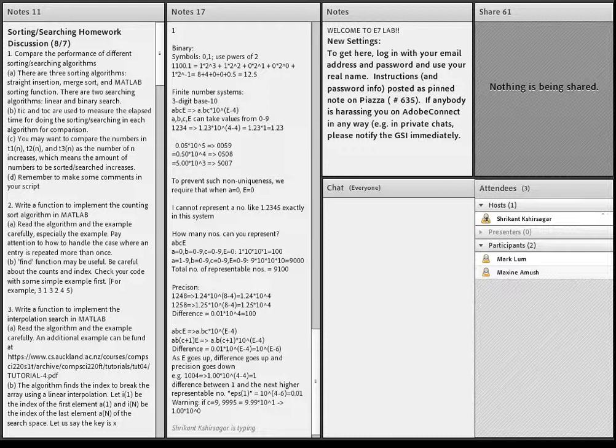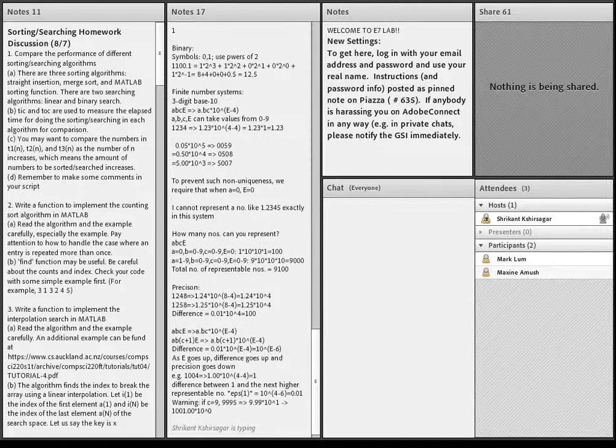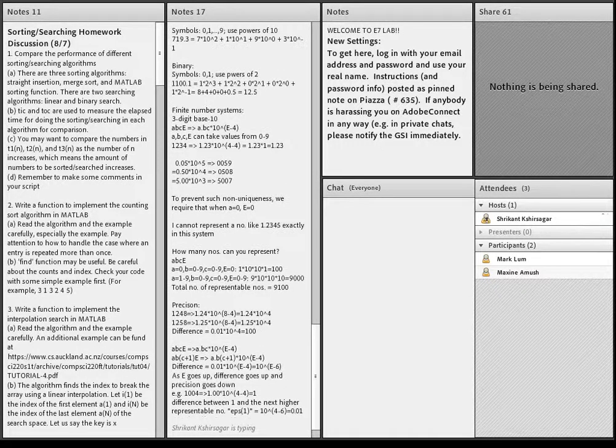Which corresponds to, so this number corresponds to simply 1006, right? So here the precision is also the same as what you would have calculated by the above formula, namely the precision, the difference between the two is simply 10 raised to 1, and this should be 10 raised to 2.